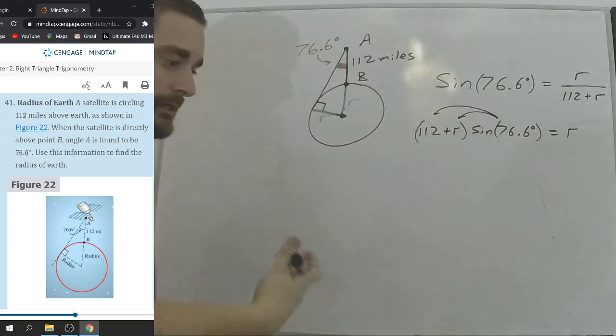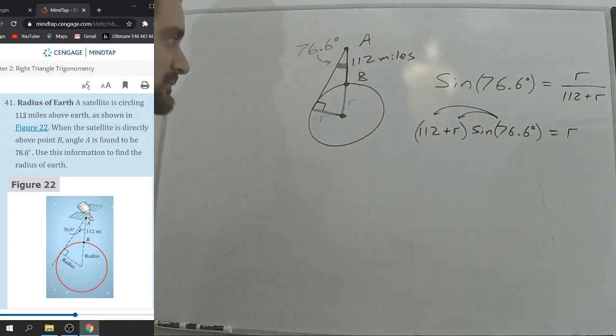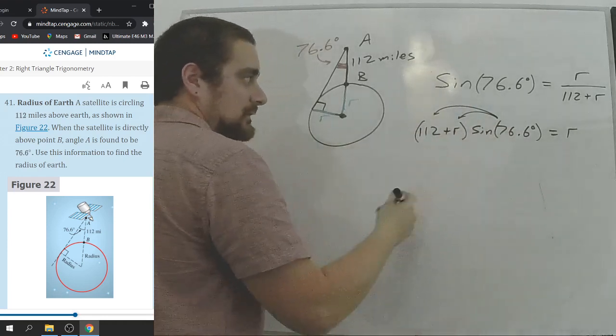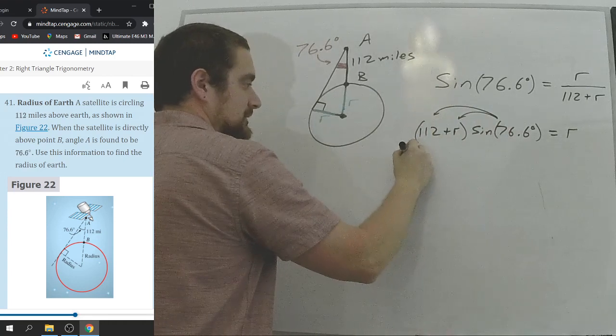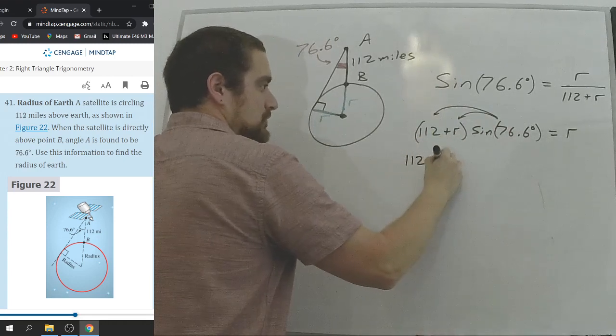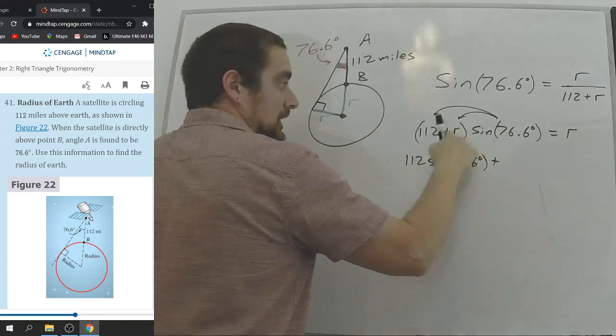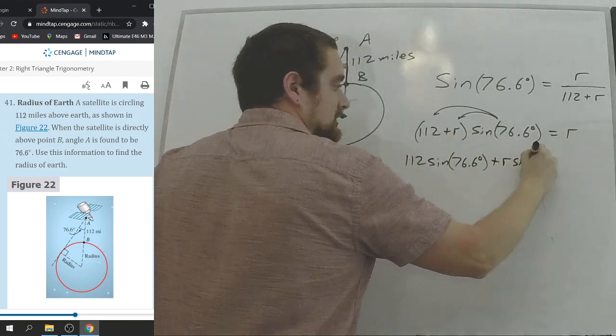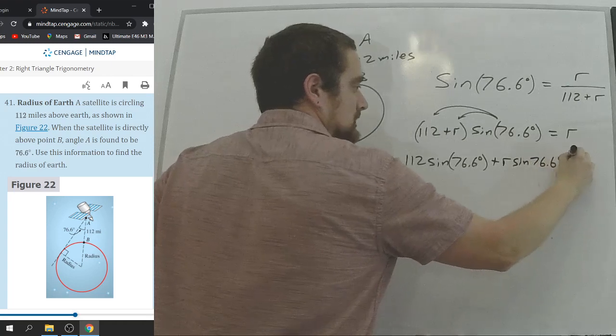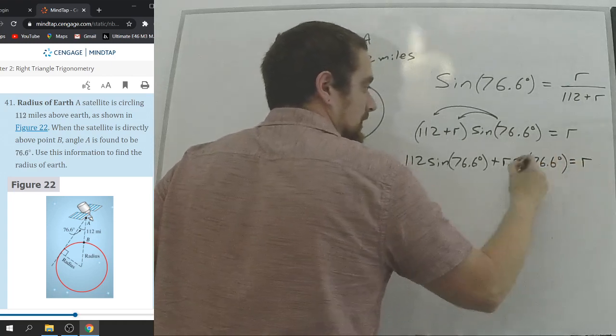Believe it or not, this is just a linear equation in terms of R. So all we have to do is get all of our R's on one side. We'll get 112 sine of 76.6 degrees plus R times sine of 76.6 degrees is equal to R on the right-hand side.